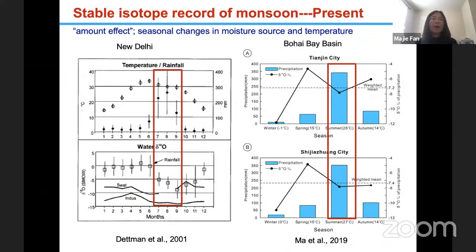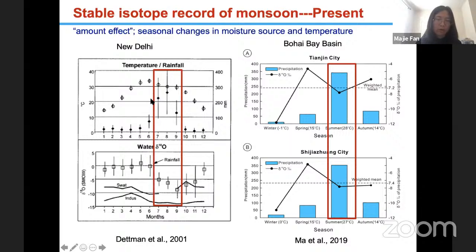Okay. So the stable isotope record has been great in tracking the elements of modern monsoon. This group of data on the left is from New Delhi. We are looking at the temperature change here and also the precipitation amount change, from January to December.